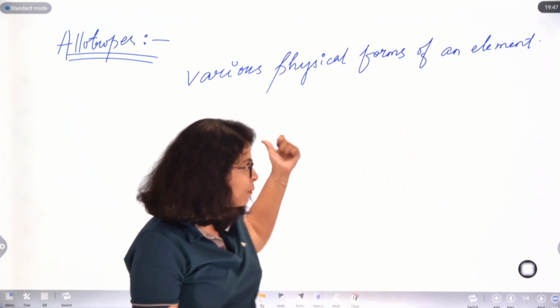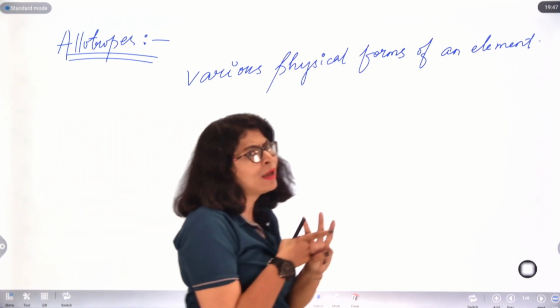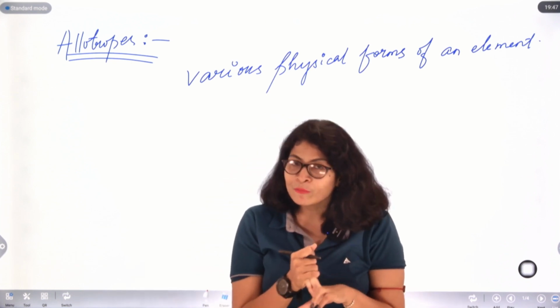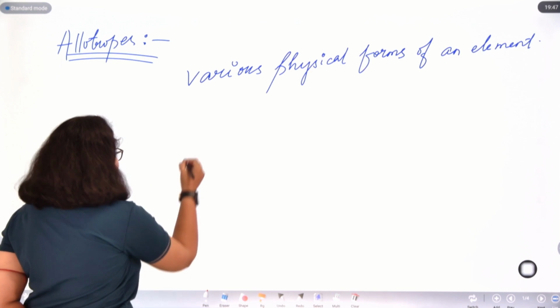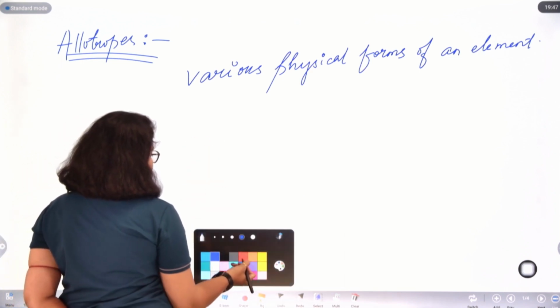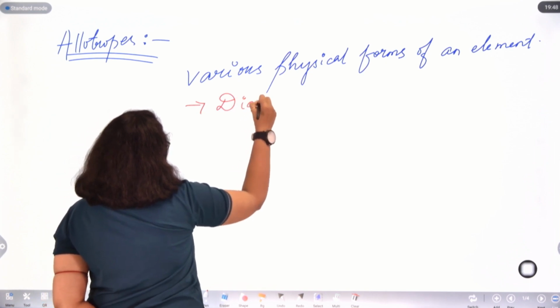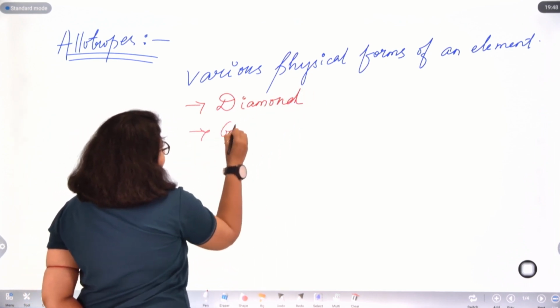That particular term we use for the various physical forms of that element is allotropes. And if we see our carbon, we have mostly 3 allotropes of carbon, out of which 2 you are well aware of, but the third one is comparatively newer to us. So what are the 3 forms? One is diamond, we all know. Second, graphite.